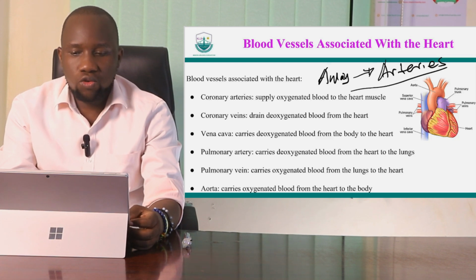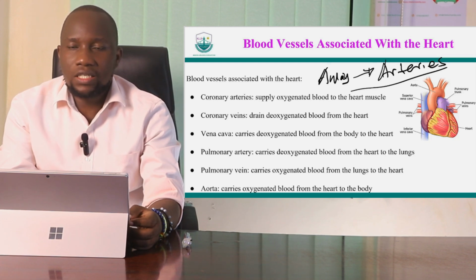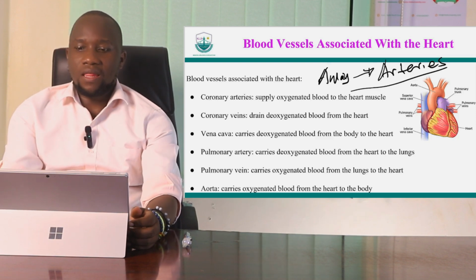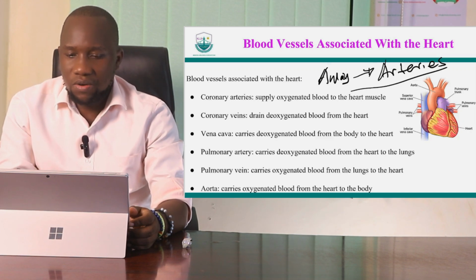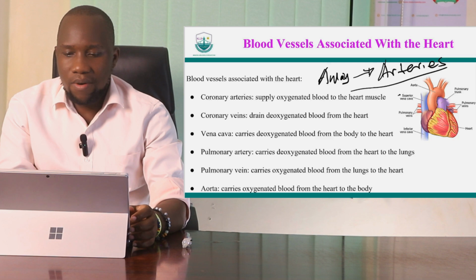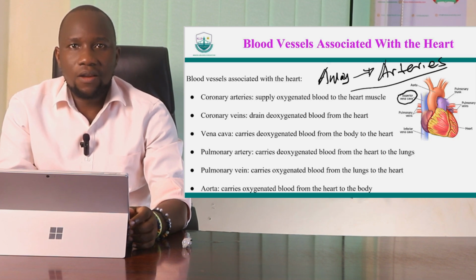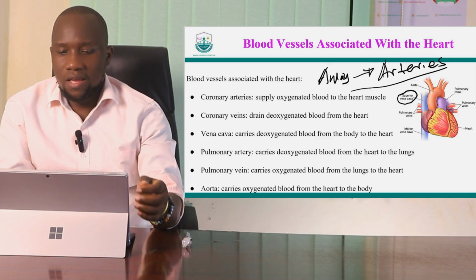And then we have two major blood vessels that supply the heart with blood from the other parts of the body. The superior vena cava, the word superior meaning something that is above, and then inferior meaning something that is below.